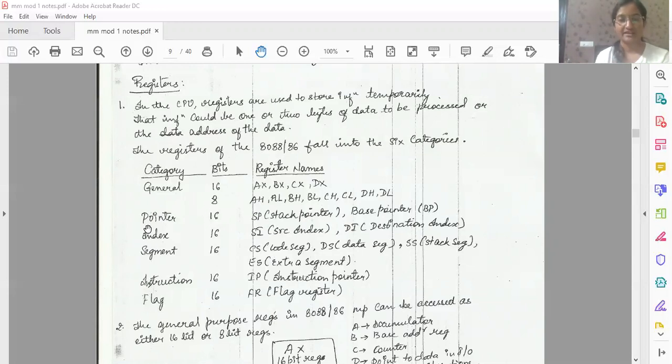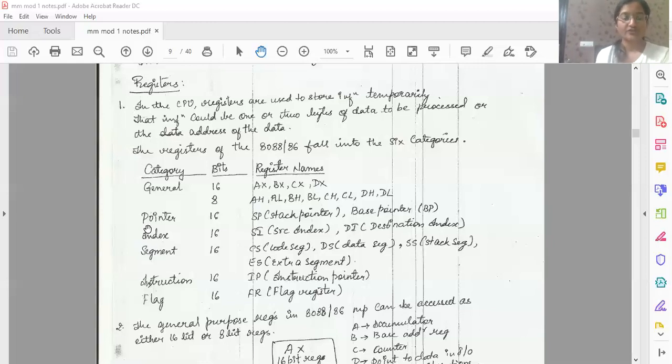You remember 8086 is a 16-bit processor. When I say this, it means that the registers involved in 8086 are all 16-bit in size. That is the reason why all these 6 categories of registers are 16-bit in size.